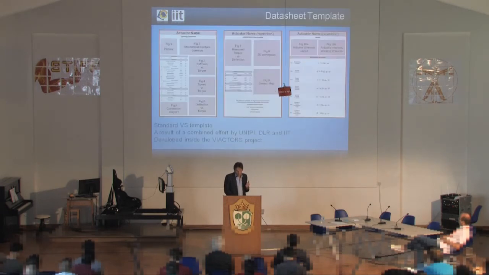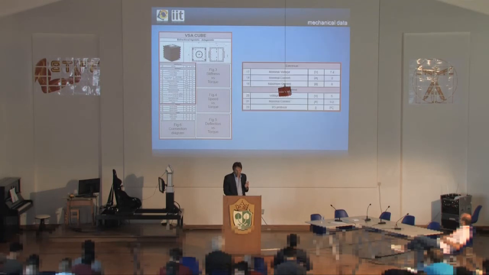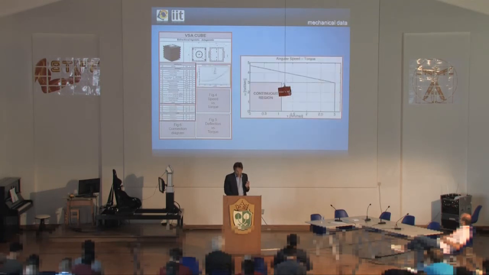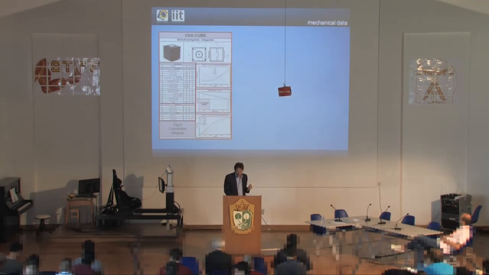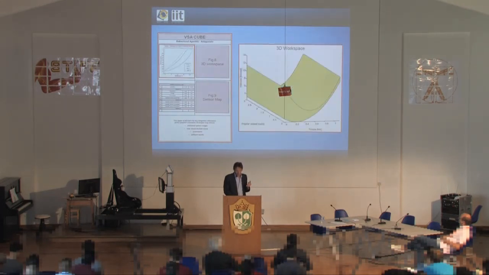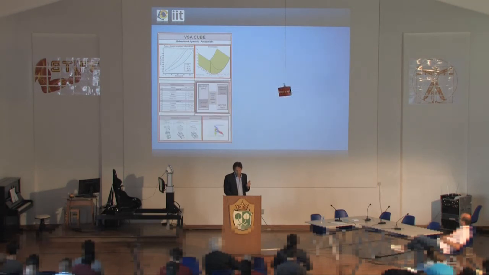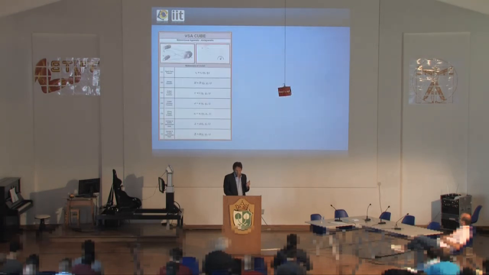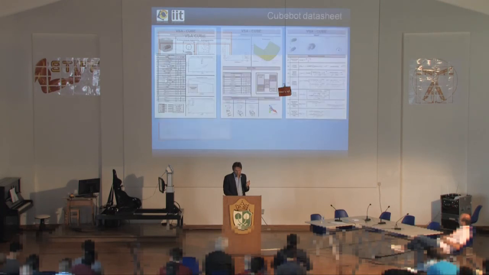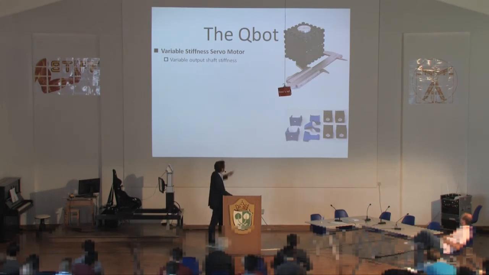So here are the data sheets for this cube that we have developed. I have no time for the details. The data sheets are available on the website. It's a modular device that can be combined through easy fixtures.